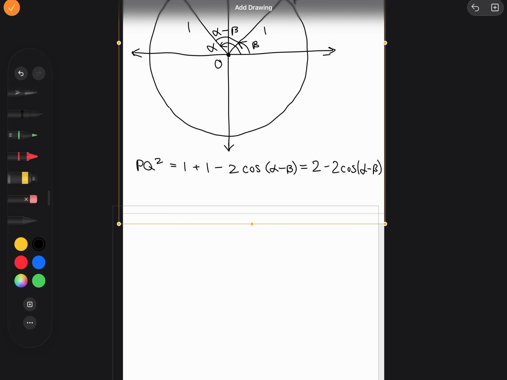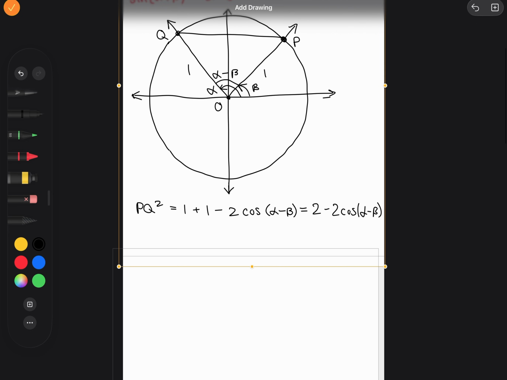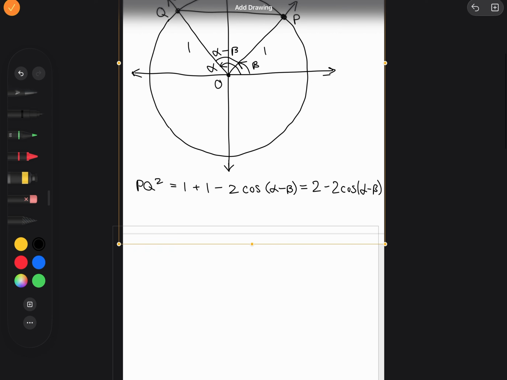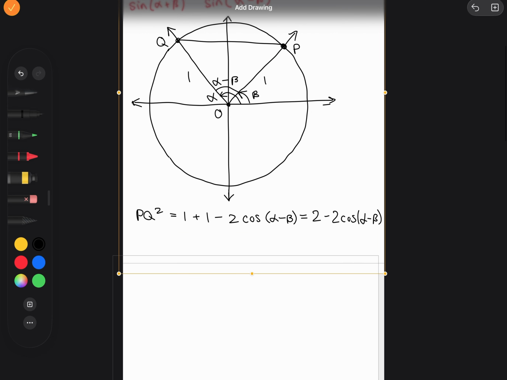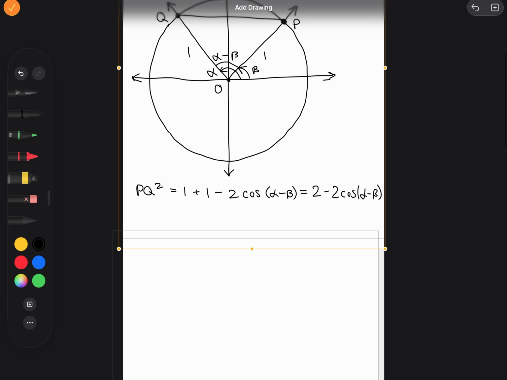And another way we can also do this is using the distance formula, which is another application of the Pythagorean theorem. Any point on the unit circle can be written using sine and cosine for their x and y coordinates. So that's how we're going to be finding the distance.